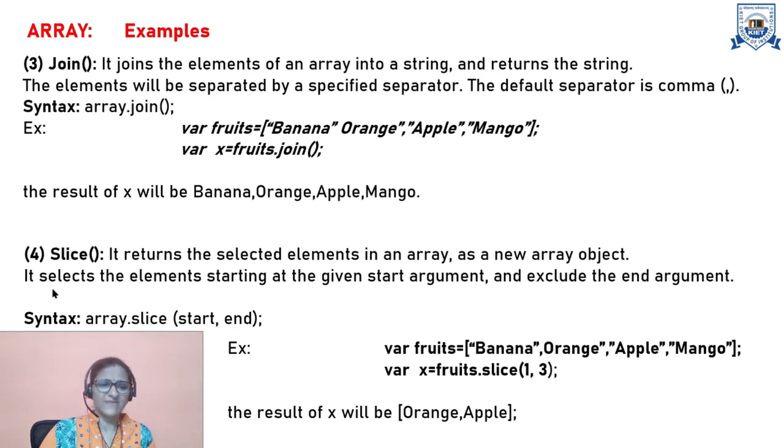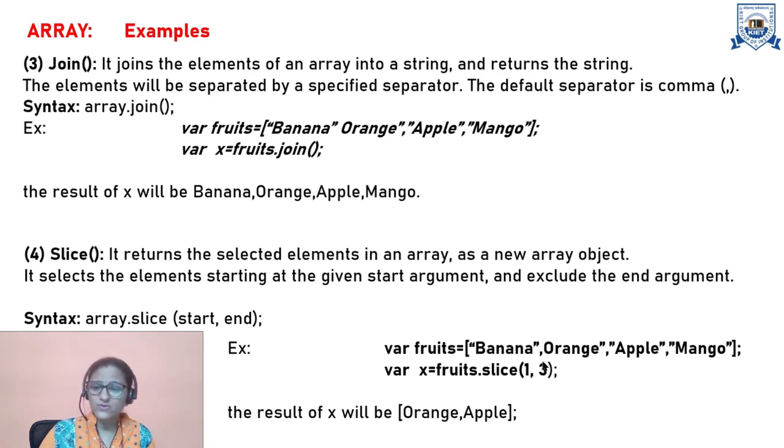So as we have given here, it selects the elements starting at the given start argument and excludes the end argument. In this fruit array, banana, orange, apple, and mango, what we are doing is fruits.slice. We are taking out a piece, the starting position is 1, that is 0, 1. It means it will start from orange till 3, but as we have told, the end argument is excluded.